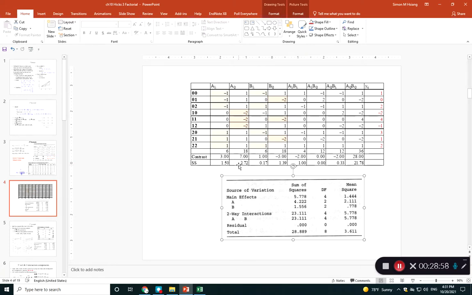Linear plus quadratic, right? 1.5 plus 4.72. Where is the B effect coming from? Linear plus quadratic, 0.17 plus 1.39. So you can look at them as 2 degrees of freedom for linear and quadratic each, and then adding these first four together, 4.22 plus 1.556, you get your 5.778. Those 4 degrees of freedom are called the main effect sum of squares.